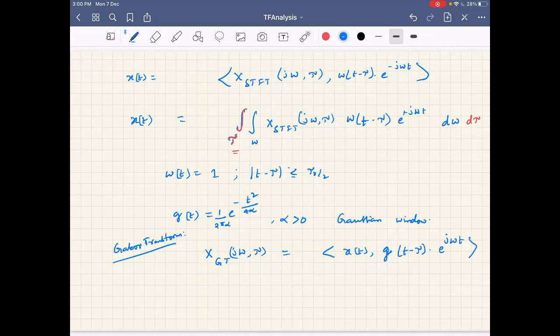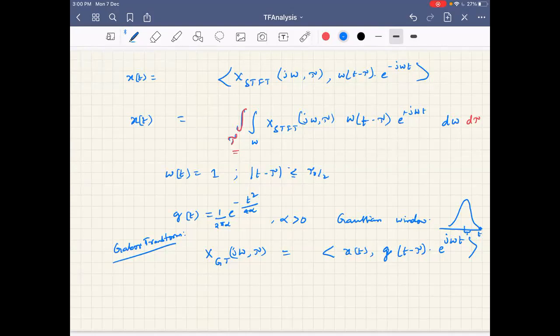The advantage of the Gabor window is that, unlike the rectangular window, it peaks at t equal to tau and then dies down gradually, modulated by a Gaussian. Hence, this gives more importance to the current time where we analyze the frequency content, and it tapers off gradually like a Gaussian for the other time durations.